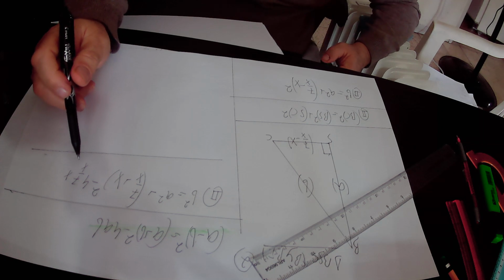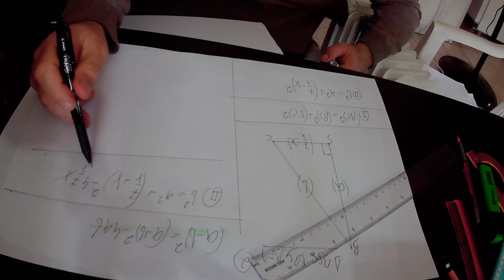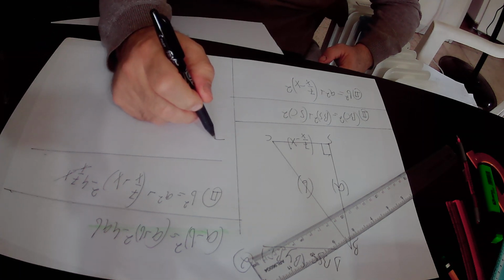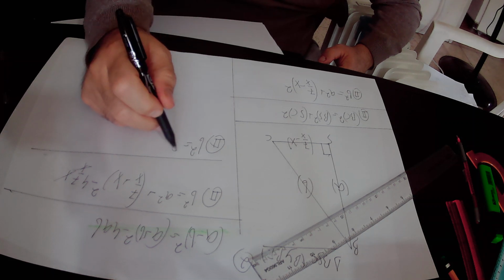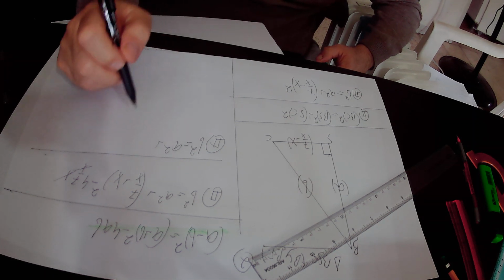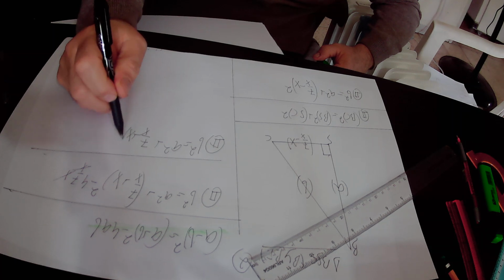Here we have X in the numerator and X in the denominator, so X will get cancelled. So according to equation 2, we found out that B square equals A square plus (7 over X plus X) square minus 28.